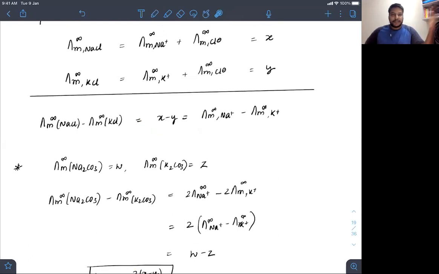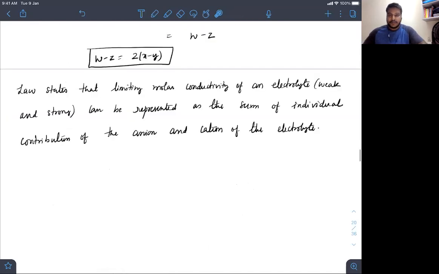What difference does it make? Where did Na plus and K plus come from? Once they came from KCl and NaCl, this time they came from Na2CO3 and K2CO3. It makes no difference at infinite dilution. I hope this point is clear, right, students?